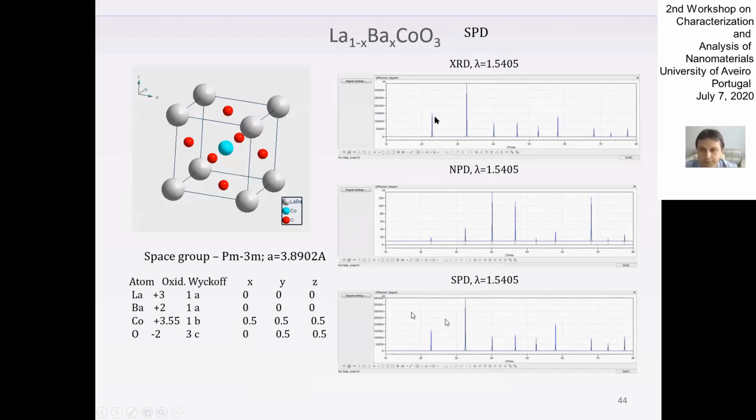Actually, synchrotron also has the energy of X-rays, so they look similar, more or less, and for neutrons we have different intensity. The positions of the reflections are the same because we have the same compound and the same wavelengths, but the intensity is different, as I said before, because of the different type of interaction of neutrons and X-rays with matter.